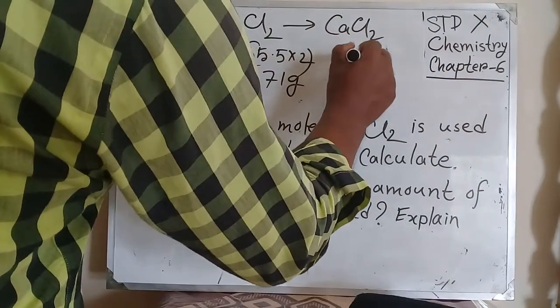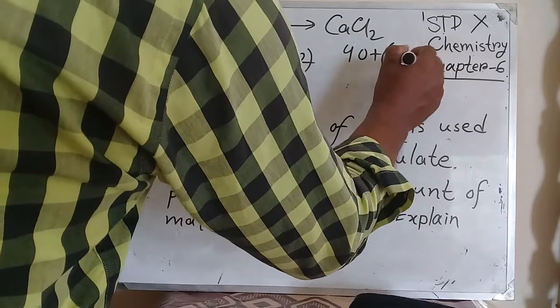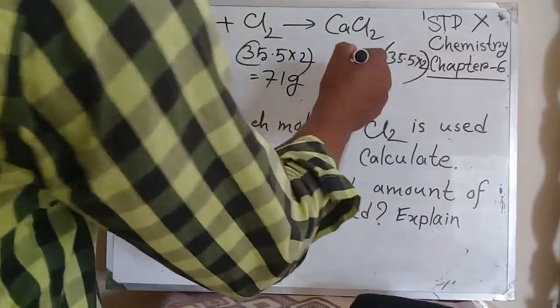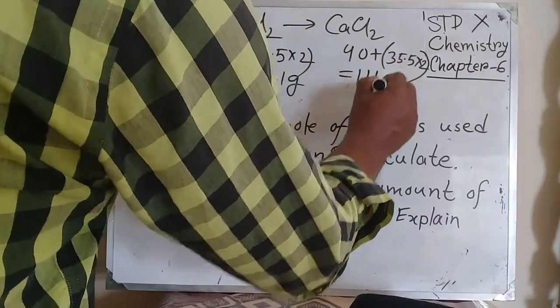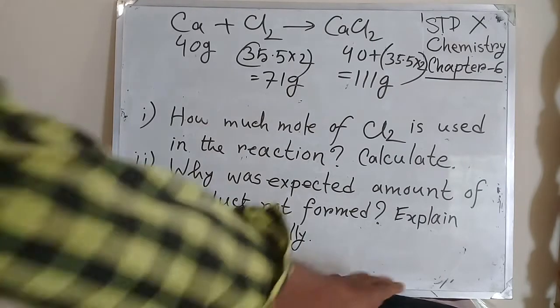Here calcium 40 plus 35.5 into 2, so 71, total 111 gram. We have got the molecular mass and atomic mass of reactants and products. Now we need to find out which one is the limiting reactant.